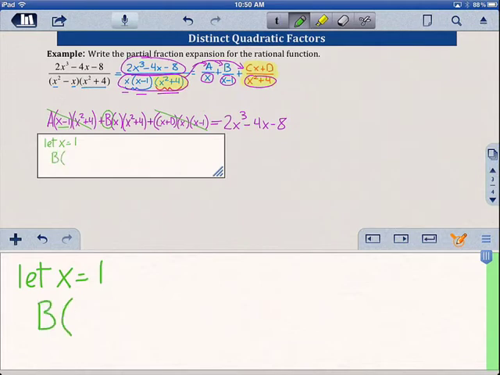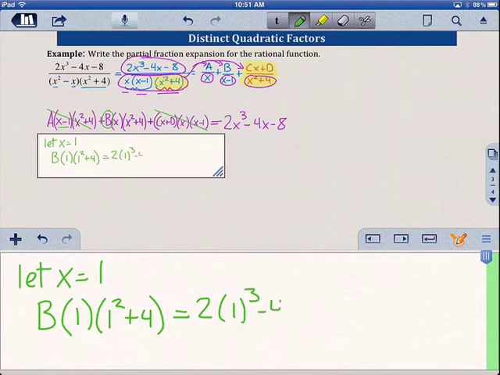And then this is going to be times 1 times 1 squared plus 4. And then the cx plus d factor is gone, so then we'll plug 1 into the right side of the equation. So 2 times 1 cubed minus 4 times 1 minus 8. Okay, and then 1 times 1 squared plus 4, that's just 5.